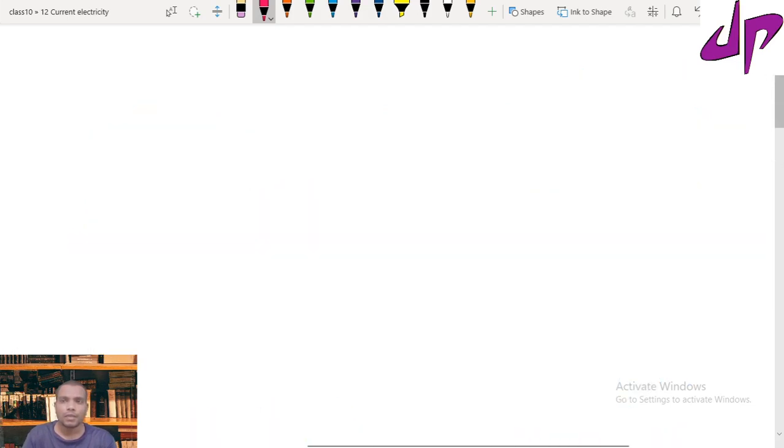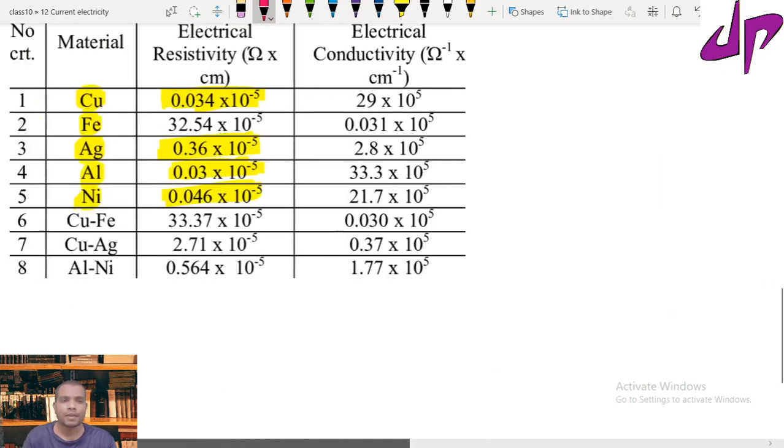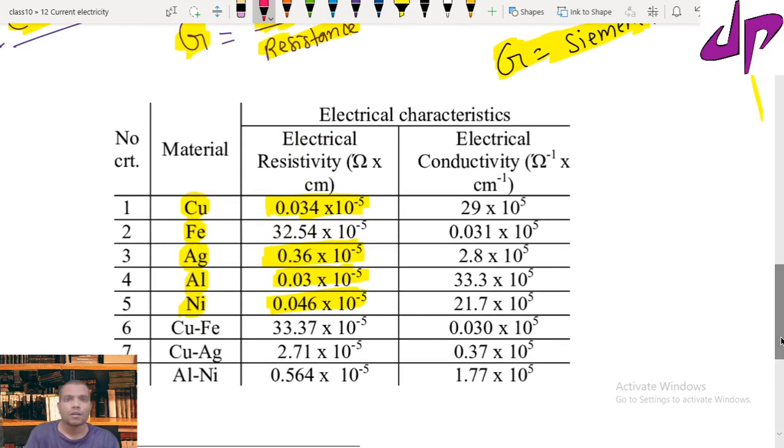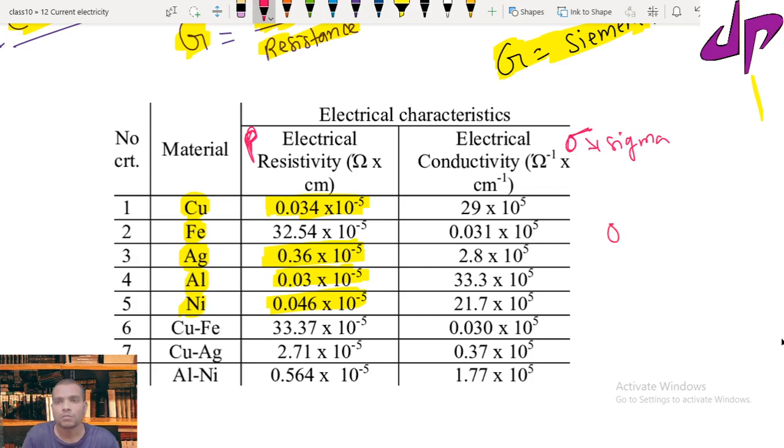Let me now explain this table, conductivity versus resistivity. Resistivity we take as rho, and conductivity as sigma. Conductivity and resistivity always go reciprocal because sigma equals 1 over rho.